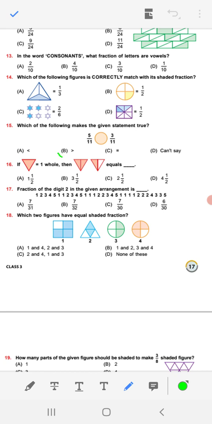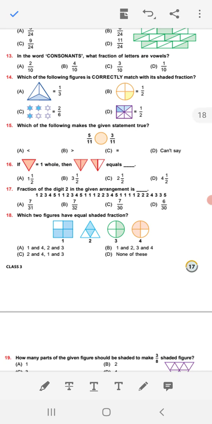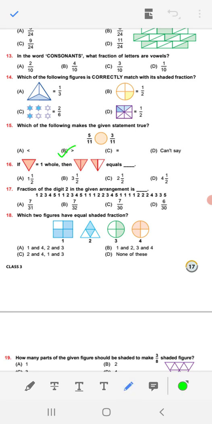So this option B is correct here. Now passing to question number 16. If this triangle is equal to 1 whole, then this figure is 1 whole and half of the triangle. So 1 whole 1 by 2, that is option A.